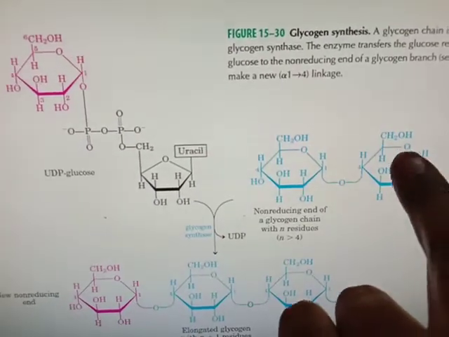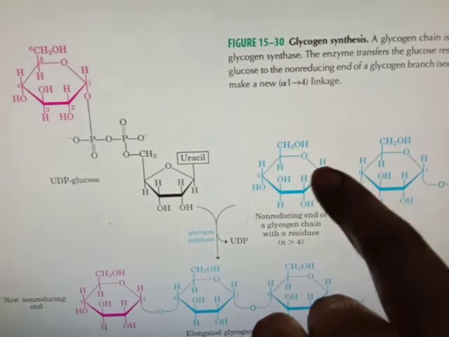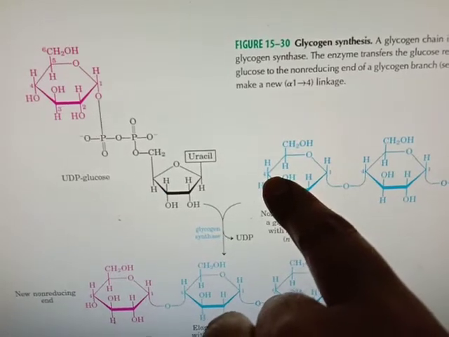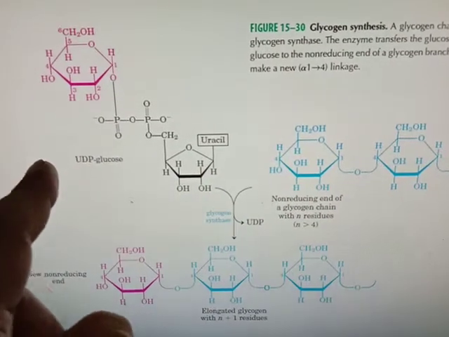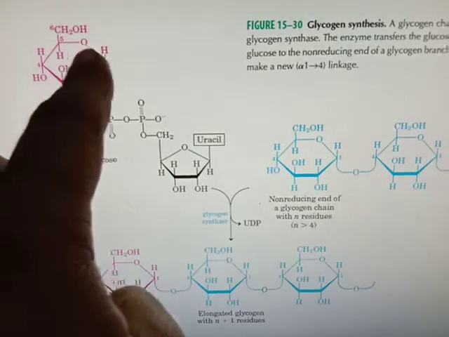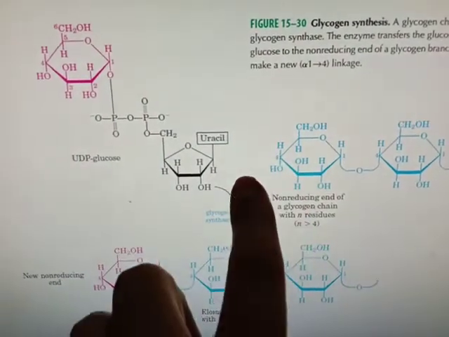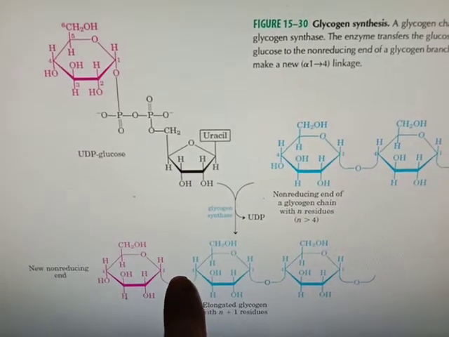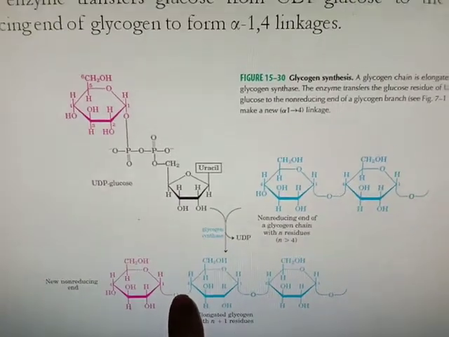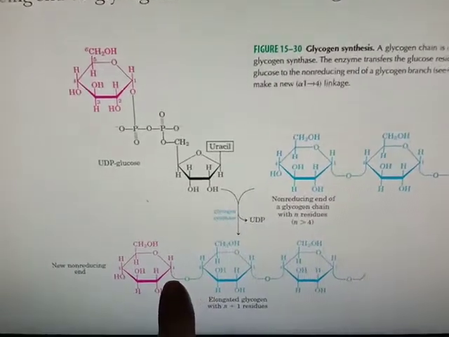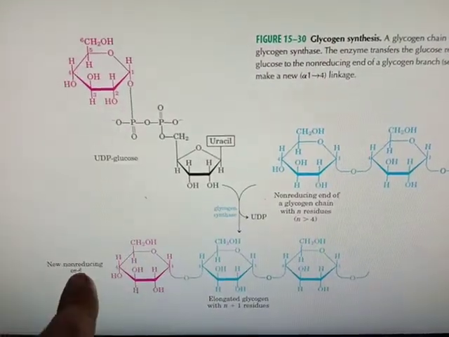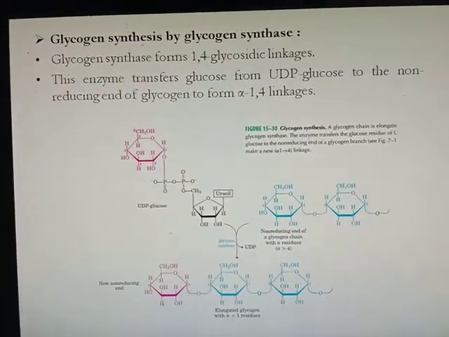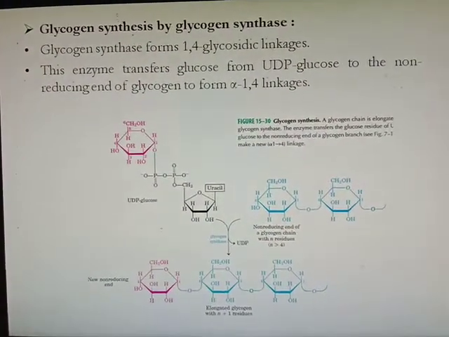Now this is the glycogenin where an alpha-1,4 bond is formed and the 4 carbon is free. Now here, this sugar will come and link here and UDP will be released in this reaction, and again an alpha-1,4 bond is formed by glycogen synthase. Then again the next sugar will come and an alpha-1,4 bond will form. Likewise a long chain of glycogen will form.